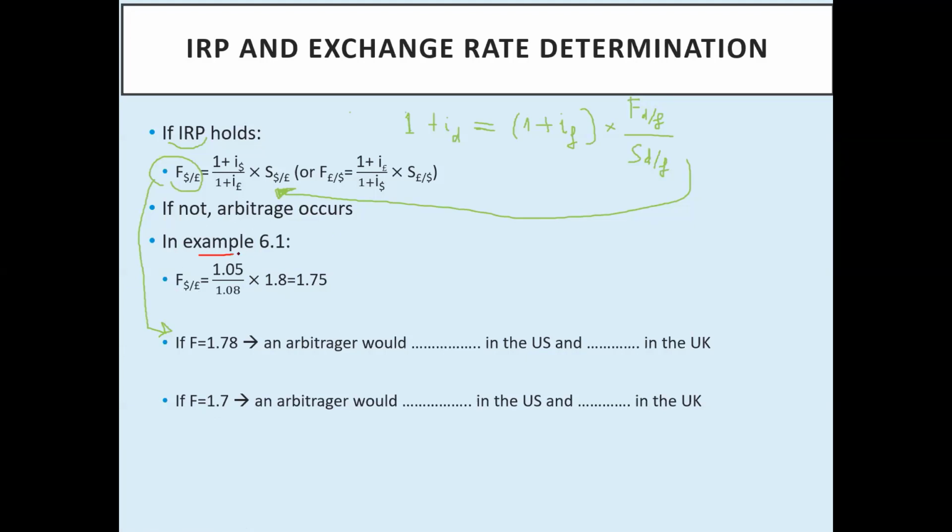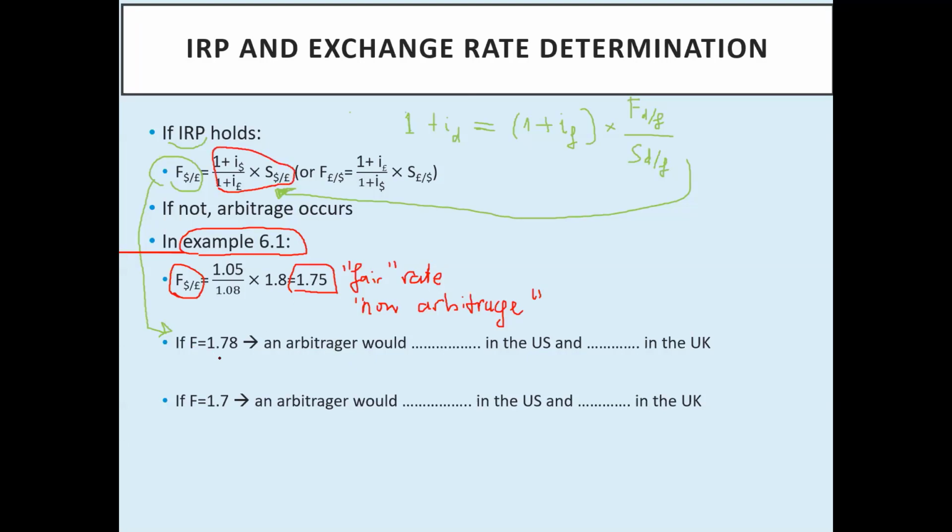With the example that we went through before, example 6.1, I think this is the UK and the US investment problem, if we compute the forward rate between the dollar and the pounds, we will find that the fair rate, or the non-arbitrage forward rate, should be 1.75, based on this equation over here, okay?